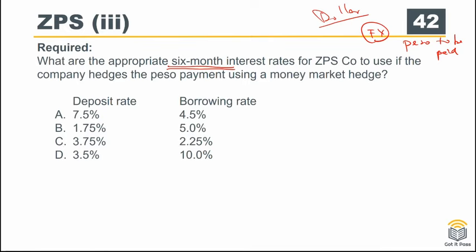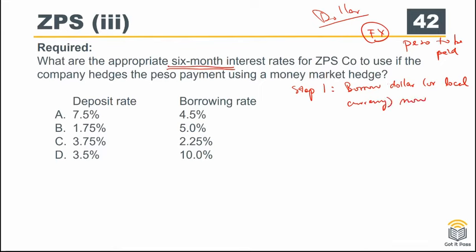So right now, in step 1, you don't have any dollar or local currency. You have to borrow dollar, the local currency, now.